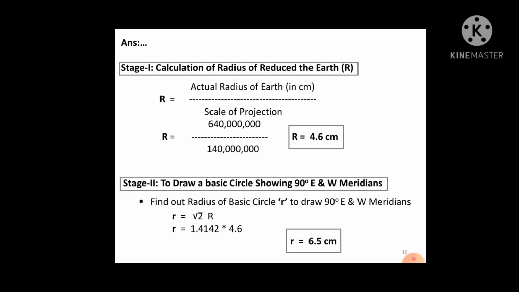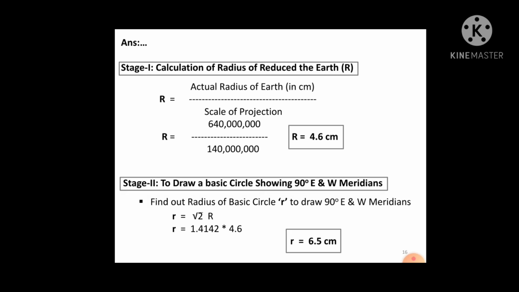In the first stage, the calculation of the radius of the reduced earth. In all projections, this is the first stage to go further for the projection construction. Here the actual radius of the earth that we know is 6,400 lakh centimeter, divided by the given scale of the projection.